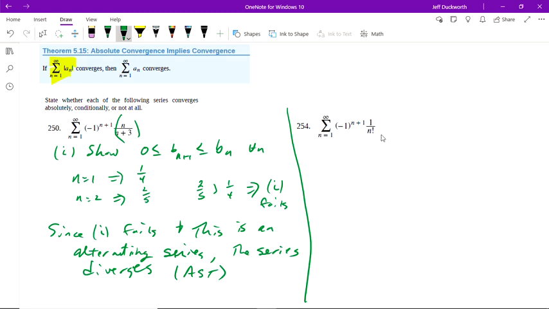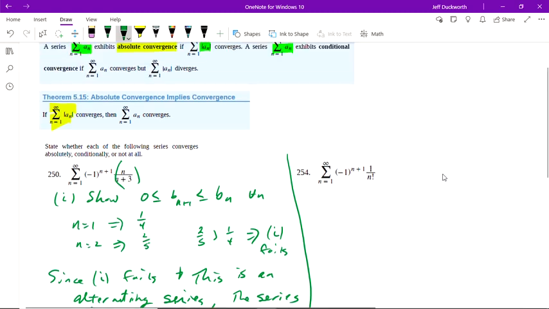It's an alternating series. But let's take a look at this. The absolute value of (-1)^(n+1) times 1 over n factorial is just 1 over n factorial, because we're removing the other one.